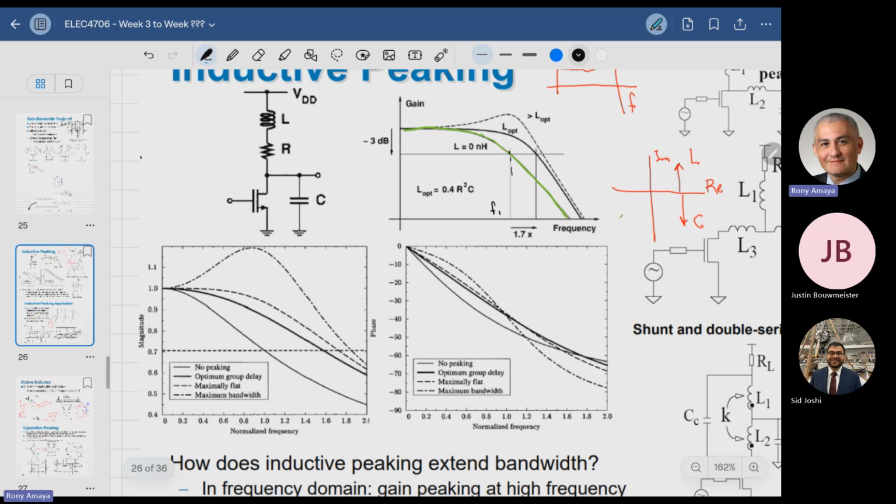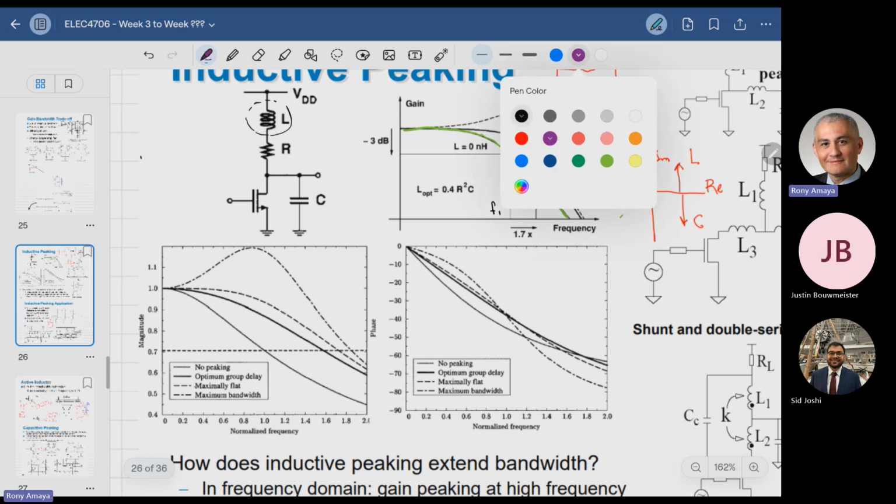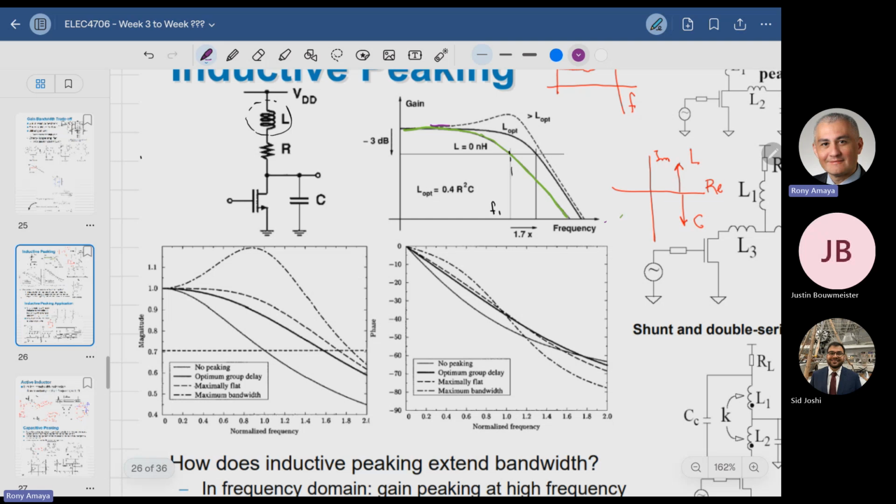But you can actually introduce a peaking component, L. That peaking component has the effect of doing what you see here, this curve. I'm just going to use purple, trying to avoid green and red. So there you go. Here you have an L for peaking, and based on what value of L you choose, you can control the amount of peaking.